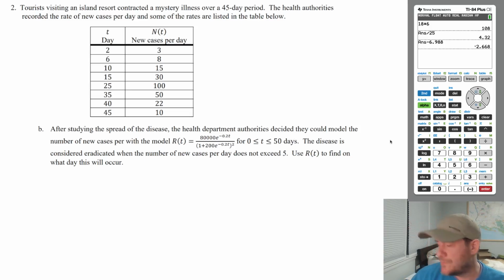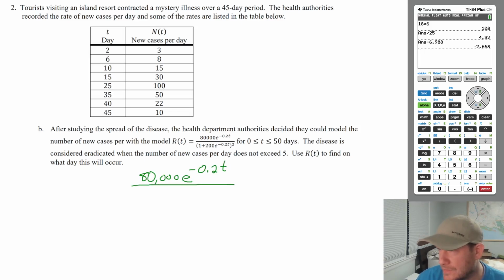Okay, so this is the one where what we would want to do is take R of t, this whole big complicated equation that they came up with, which is 80,000 times e to the negative 0.2t all over 1 plus 200 e to the negative 0.2t, all squared.